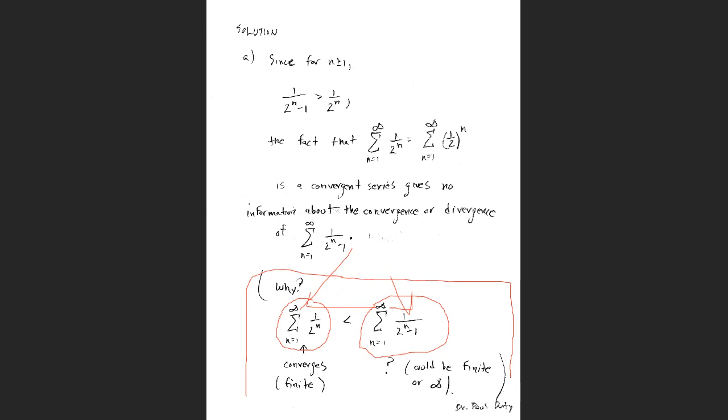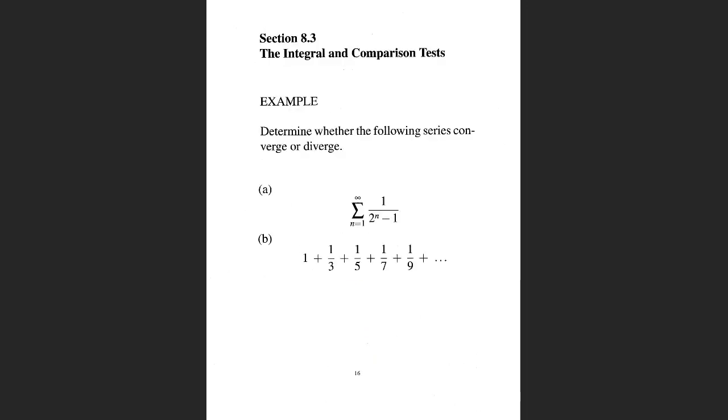Okay. But remember what we said originally. We did say that when n is large, this series here should behave like a geometric series, a convergent geometric series with a common ratio of a half. And in fact, we're going to use that. We can't deny that.